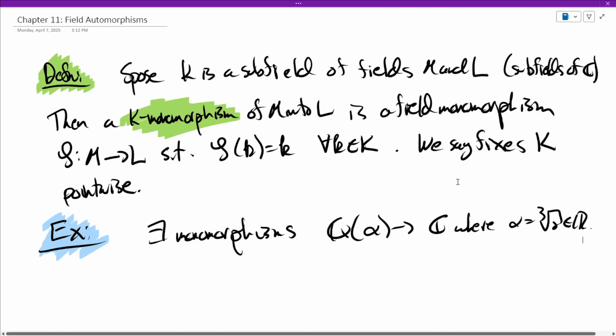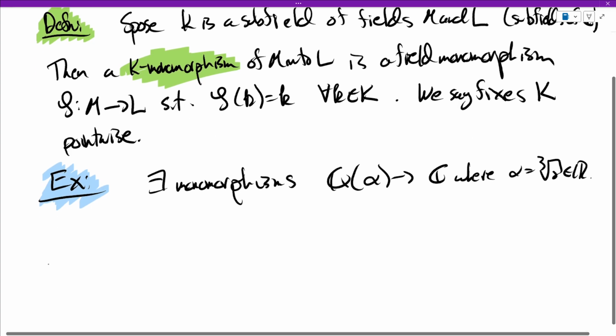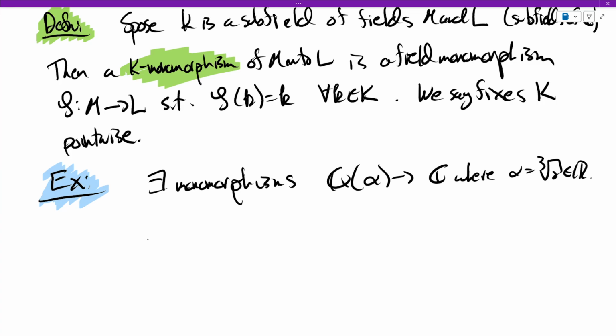In fact, we saw that there exist 3 of them. So we have, let's say, phi 1, which takes P plus Q alpha plus R alpha squared to itself, just viewed as an element of the complex numbers.